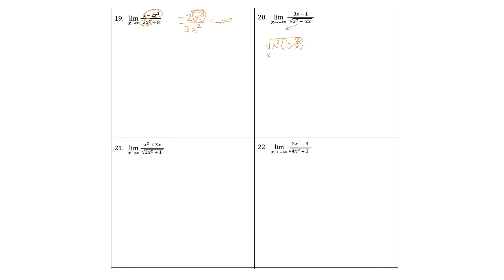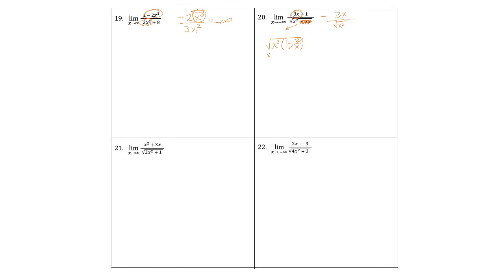Now that method usually confuses a lot of people, so again, let's focus on power. That's going to be 3x over, I don't really care about this business here, it's not dominating anything, but the square root of x squared, that's dominating stuff.